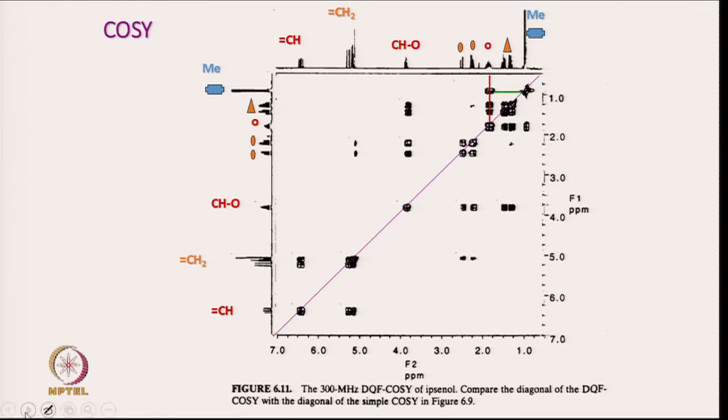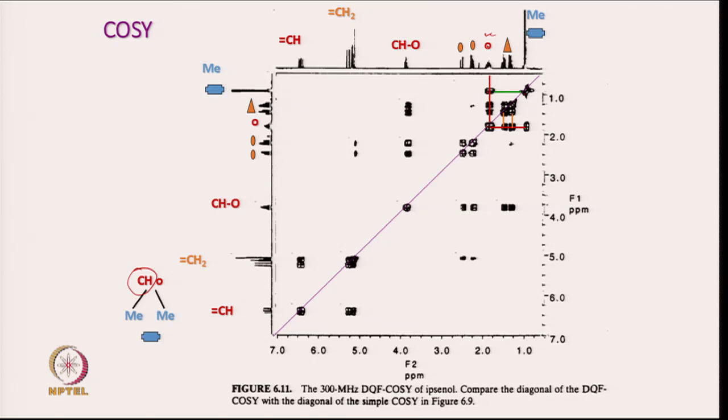Now, let us see, this is related to this peak, which is due to the methyl group, and this red circle corresponds to the CH group which is attached to 2 methyl groups. So now I am able to assign this peak. Now, let us go and look at this one.